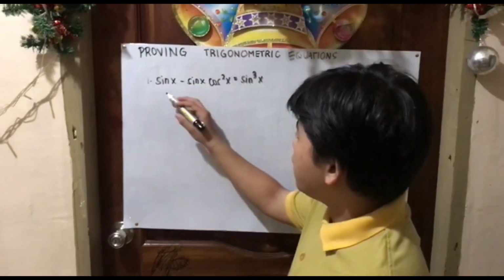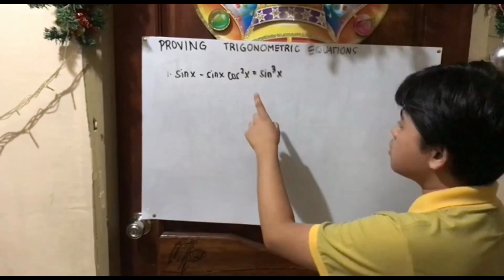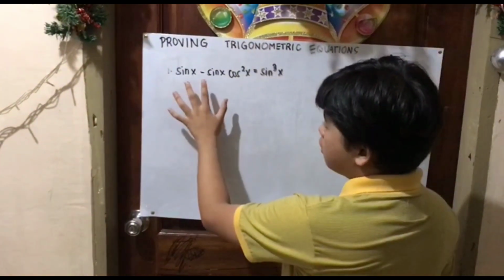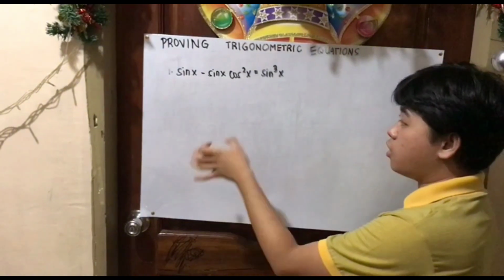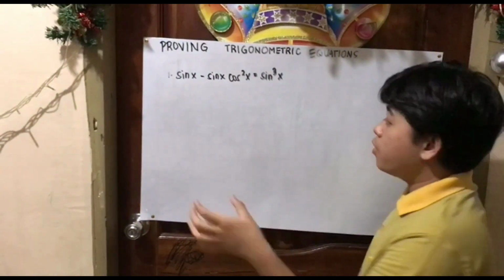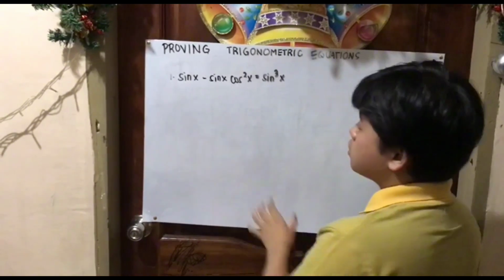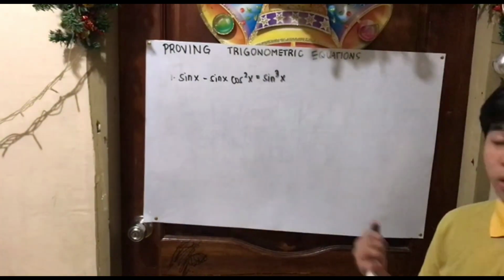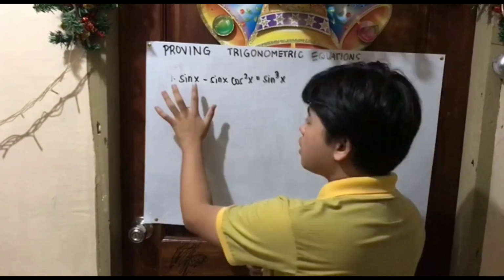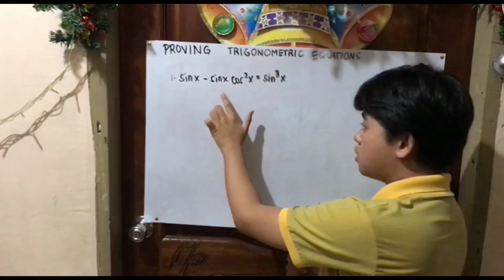So sine x minus sine x cosine squared x. As you can see, it is already in sine and cosine form. So all we need to do is look for their common factor. We have sine x here and also sine x here.